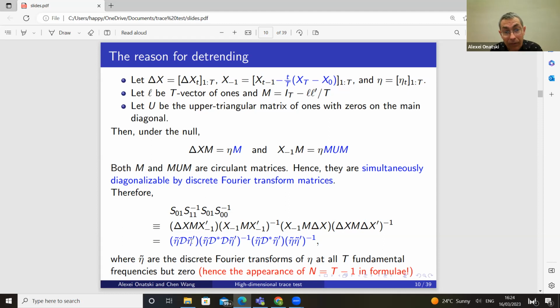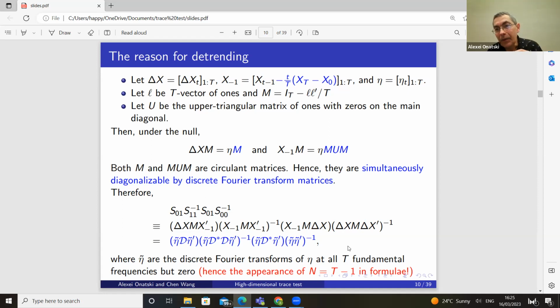And moreover, the element in this diagonal matrix D, which stays in the first column and the first row, is equal to 0, because, see, I'm demeaning my data. So at zero frequency, the spectral density will be 0 because I demeaned everything. And this actually explains why in my later formulas I will have not T, but T minus 1.